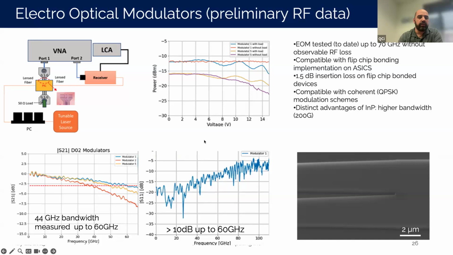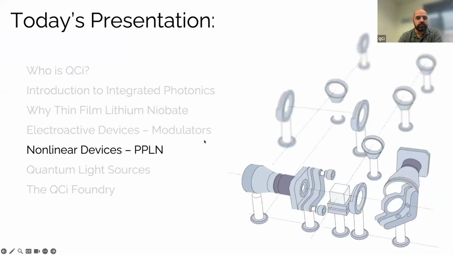And our initial devices are showing pretty favorable results: a 44 gigahertz bandwidth, measured up to 60 gigahertz. And these are not the latest results. Our latest results are actually showing even higher modulation bandwidth and also higher switching speeds. And we plan to extend this device beyond 110 gigahertz in the very near future.